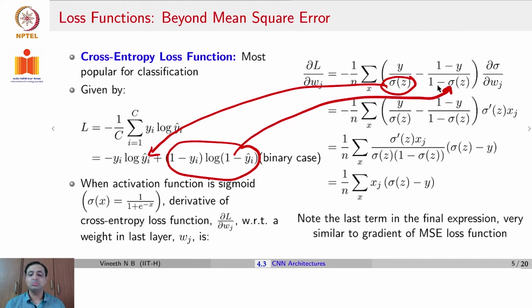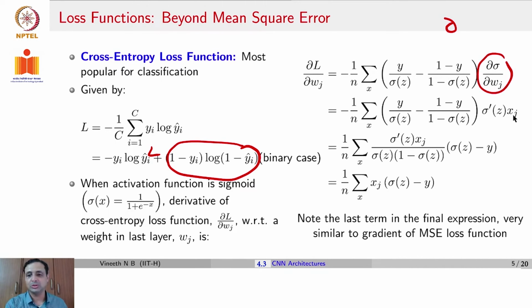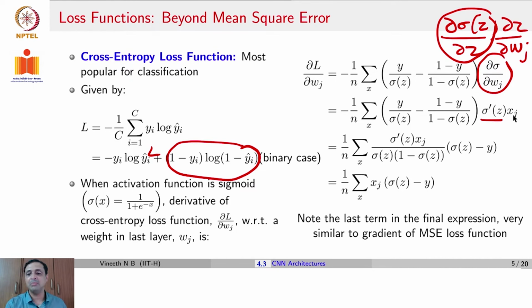Now with these two, you can write your next term: dou sigma by dou wj can be written as sigma dash of z into xj, because you would write this in two ways. You would have dou sigma of z by dou z into dou z by dou wj. We know the gradient of sigmoid is sigma prime, and dou z by dou wj is xj.